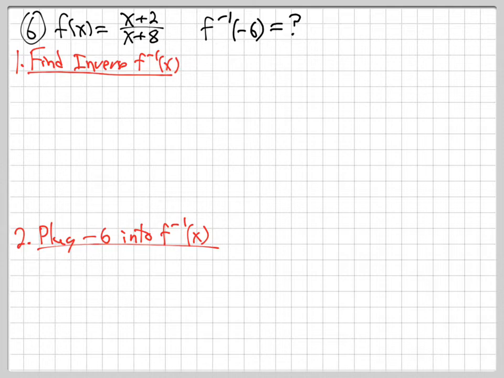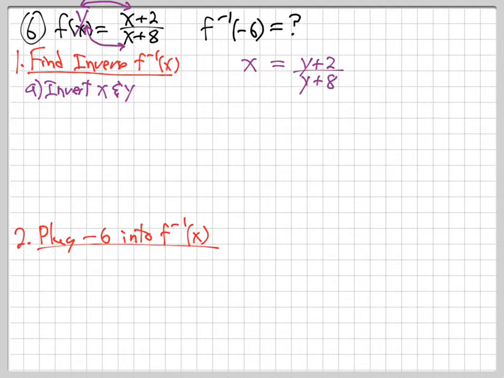All right, so the first part of finding the inverse, as you know, is to invert x and y. So this is the y. It trades with both of those x's, doesn't it? So we get x there, and y plus 2 over y plus 8. X and y trade spots. Step 2, or next step, solve for y.